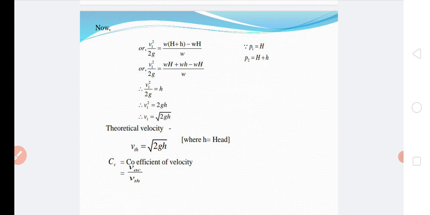It is the ratio of actual velocity to theoretical velocity, that is VTH. So from this equation we can easily calculate the theoretical velocity as well as the actual velocity.